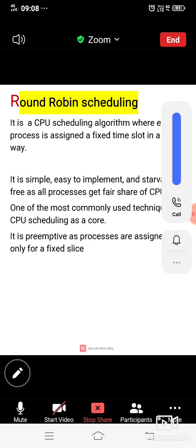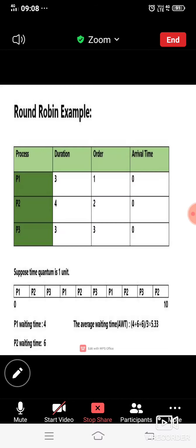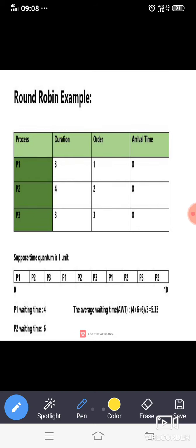Yes, this is round robin scheduling. Let us directly go to an example to illustrate it. Here three processes P1, P2 and P3 are given, which have entered into the operating system.